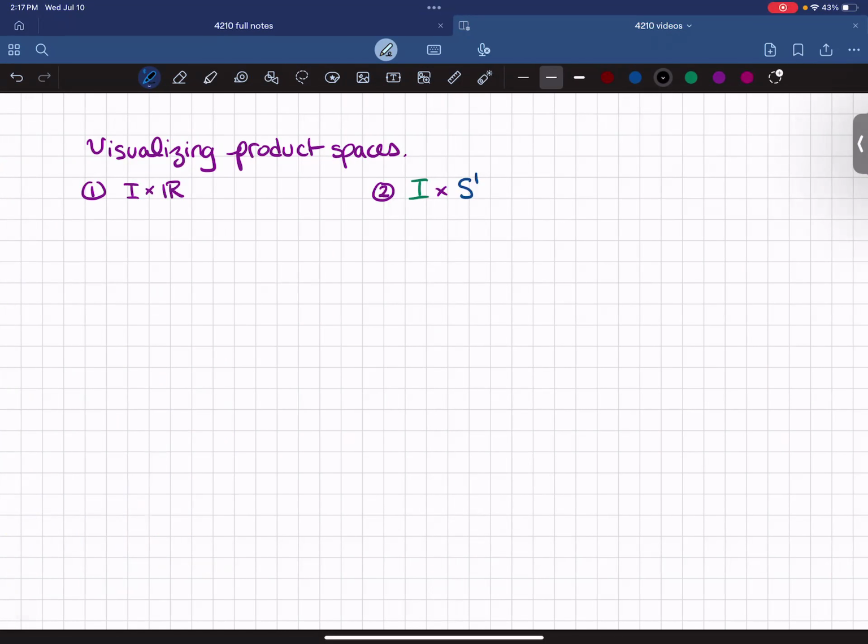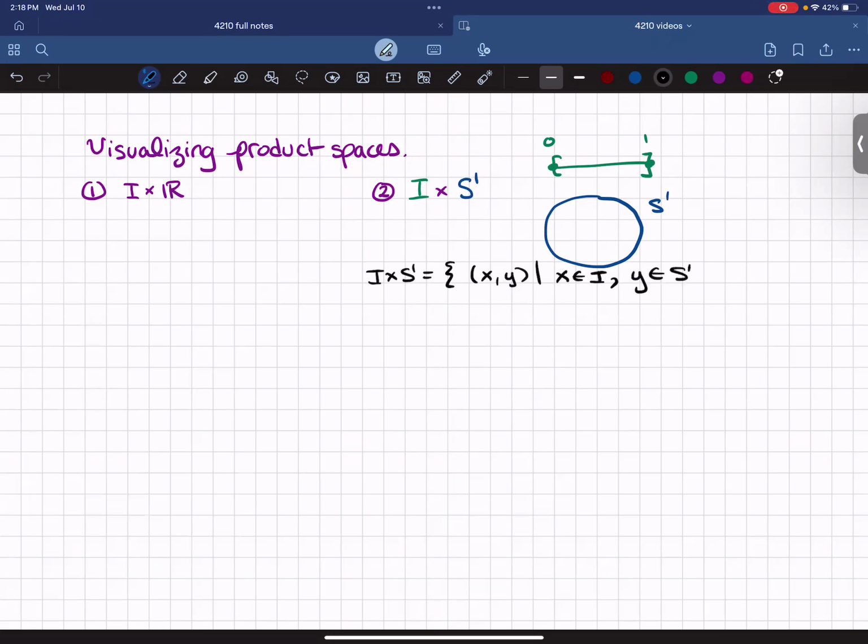All right. Then the next one I want to think about is I cross S1. So again, I here is the unit interval from 0 to 1, and S1 is the name that we use in topology for the unit circle. So here again, I want to think about a way to visualize I cross S1, which would be points of the form x comma y, where x is on my unit interval and y is on my circle.